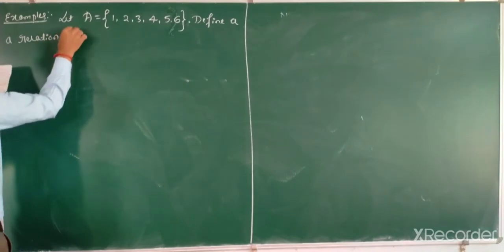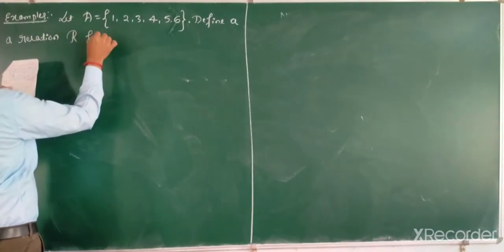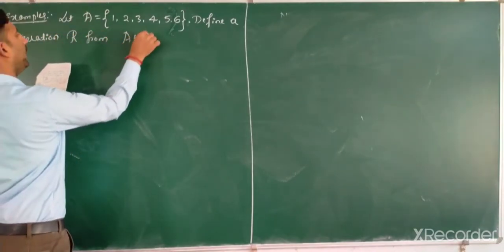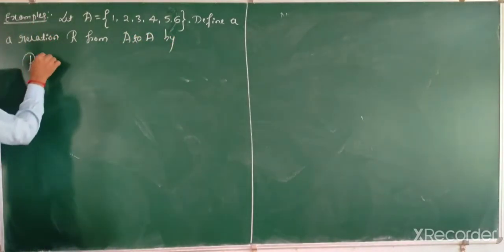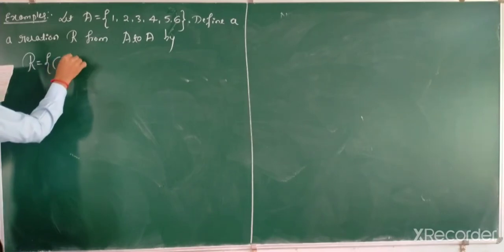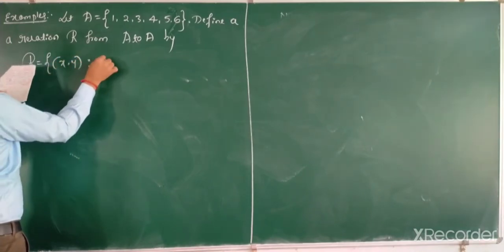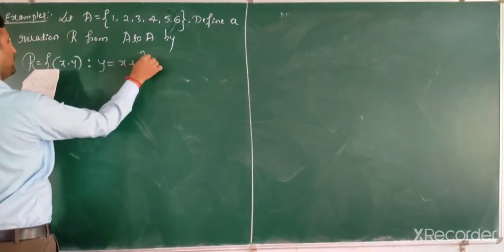Define a relation capital R from A to A by R equal to the ordered pairs (x, y) such that y is equal to x plus 1.